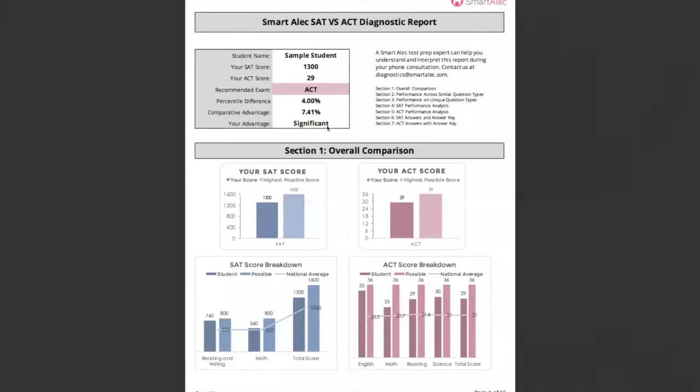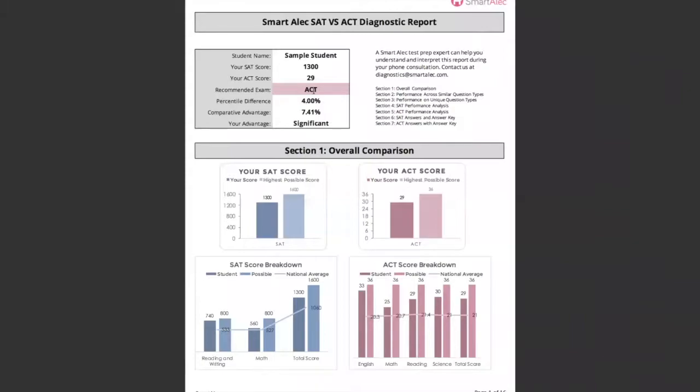Comparative advantage uses another kind of score comparison translation to generate the comparative advantage. So how many points on the SAT your ACT score is worth more, if that makes sense. These always should be going in the same direction.